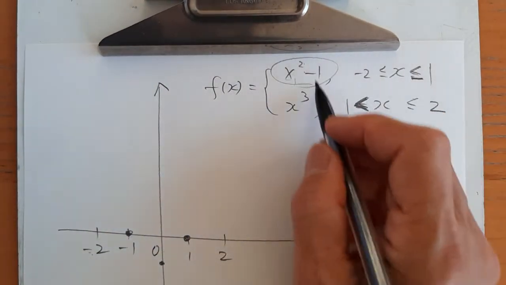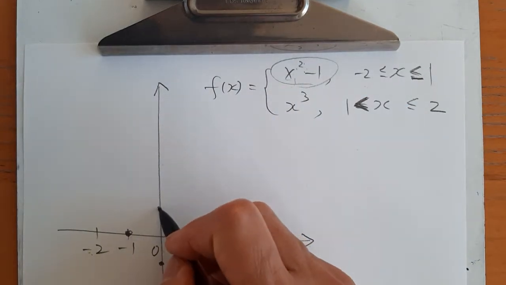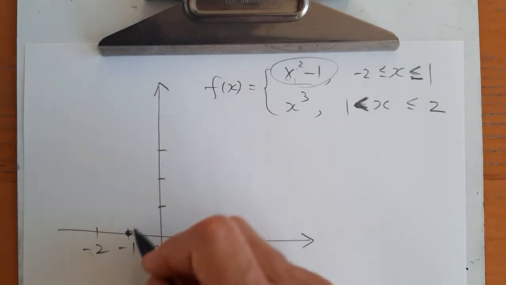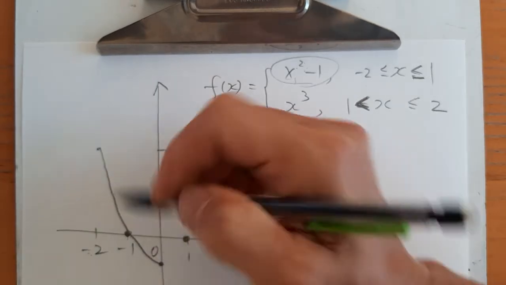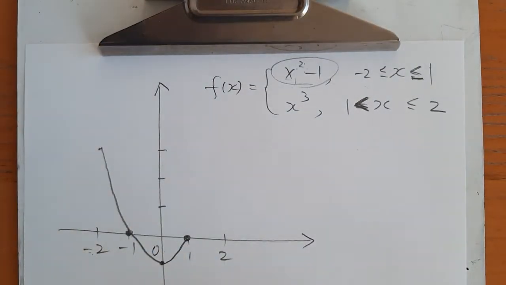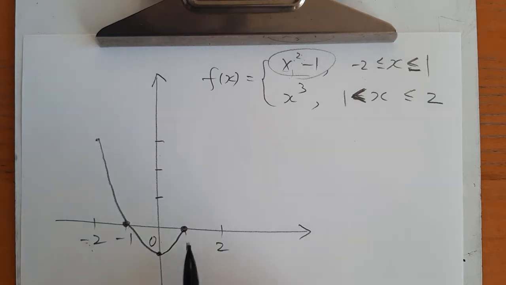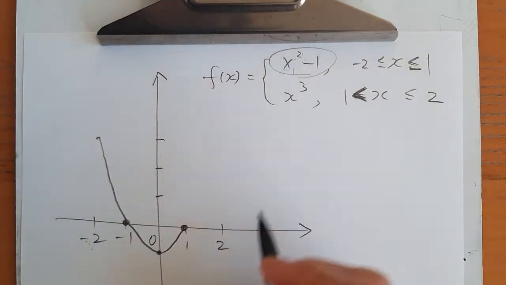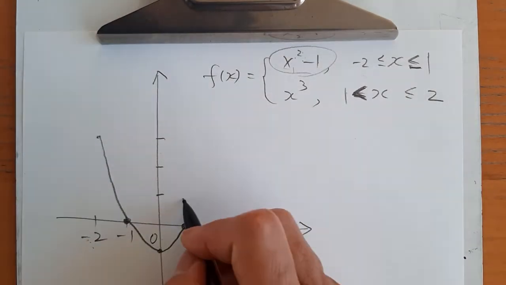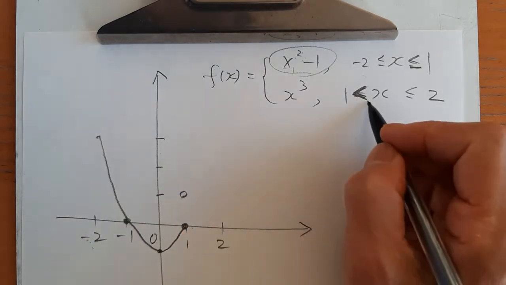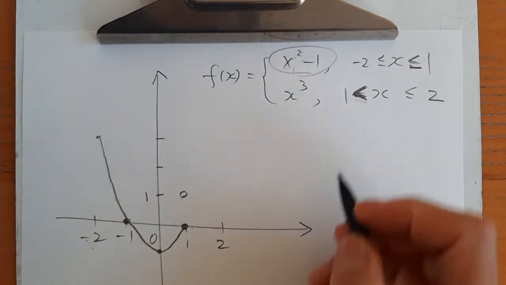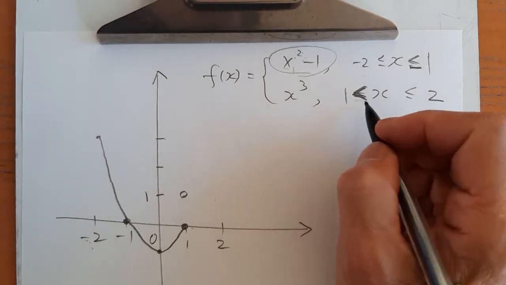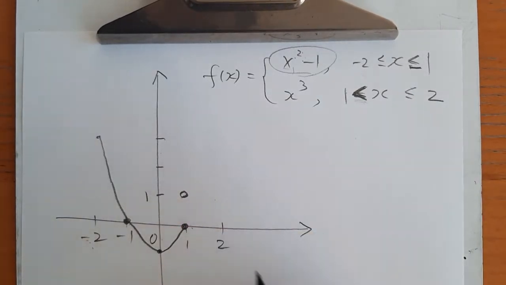And plug in negative 2, it will be 3. 1, 2, 3, it's here. So the graph is a parabola up to here, between negative 2 and 1. And from 1 to 2, if you plug in 1, it will be here. It's 1, but there's no equal sign here, so it's an open circle.